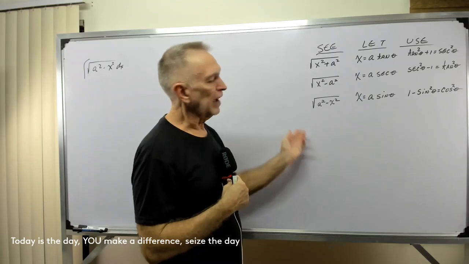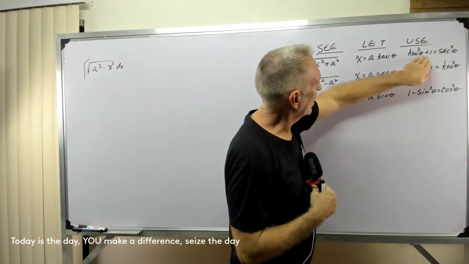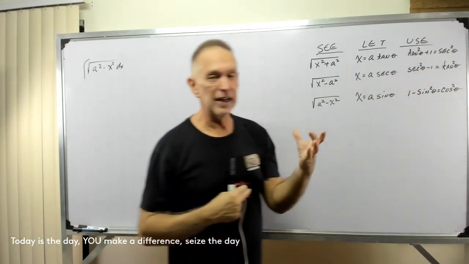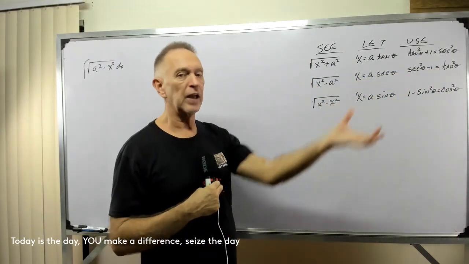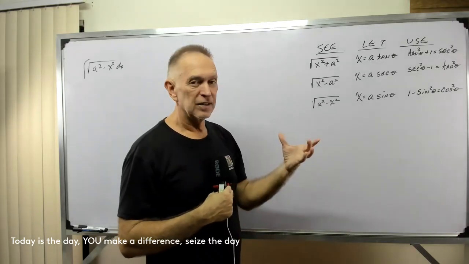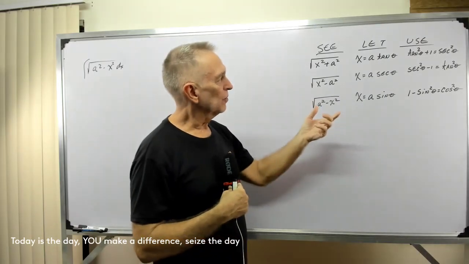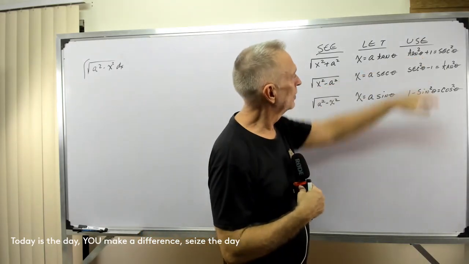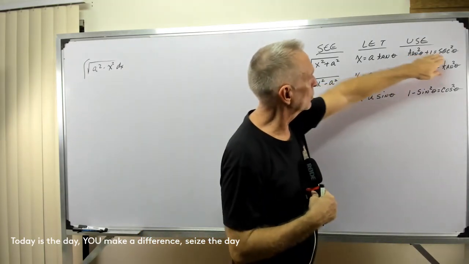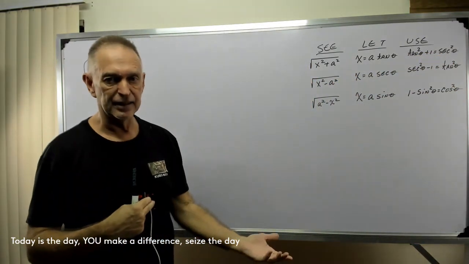Well, if you factor out a squared, you end up with tangent squared plus 1 inside the parentheses with a squared on the outside. So the square root of a squared is a, that can go outside the radical, and this equals secant squared. Now the square root of secant squared is secant.